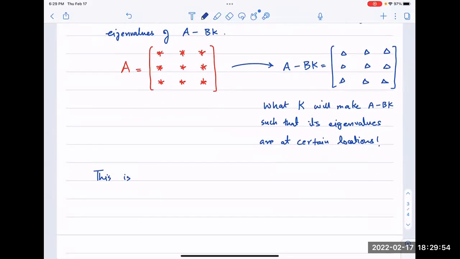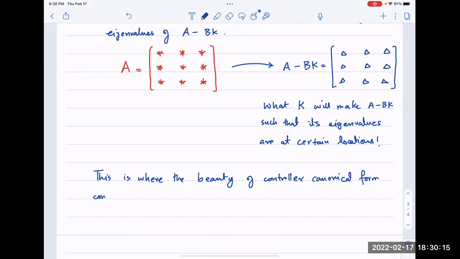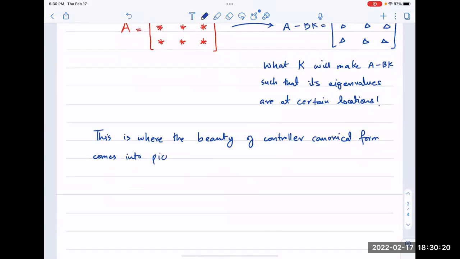In solving this problem, the controller canonical form dramatically simplifies the issue, and you will see it in a minute.